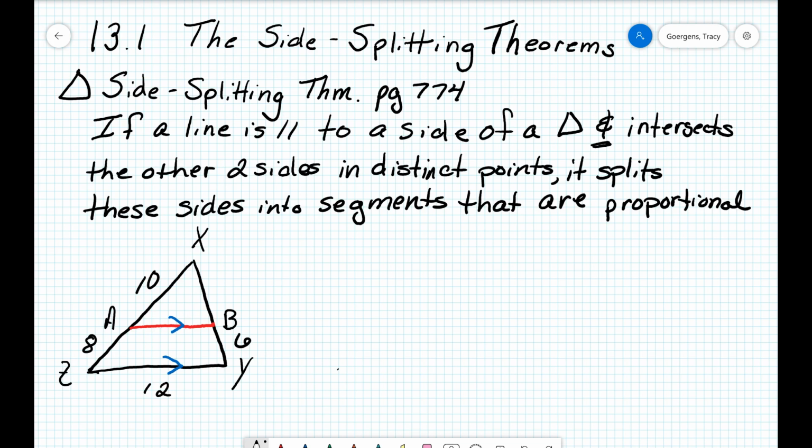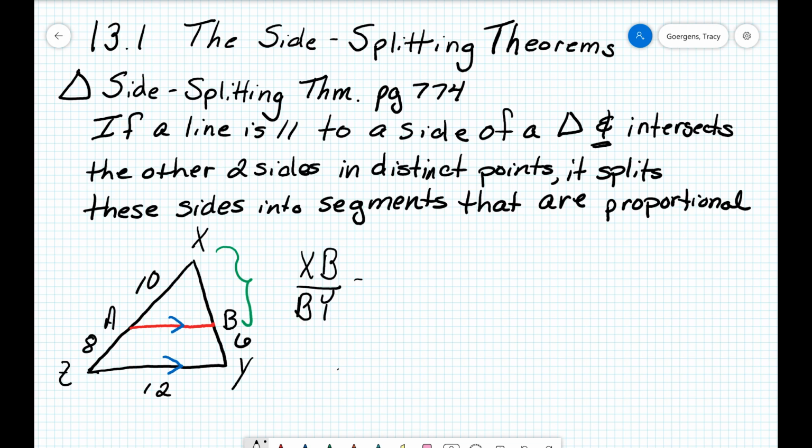So let's look at what is proportional to each other. We can set these up as ratios, and I know this is a problem that we had in the past, just how to set them up and how to go from there. So XB, right here, is going to be proportional to BY, is how we're going to set this up.